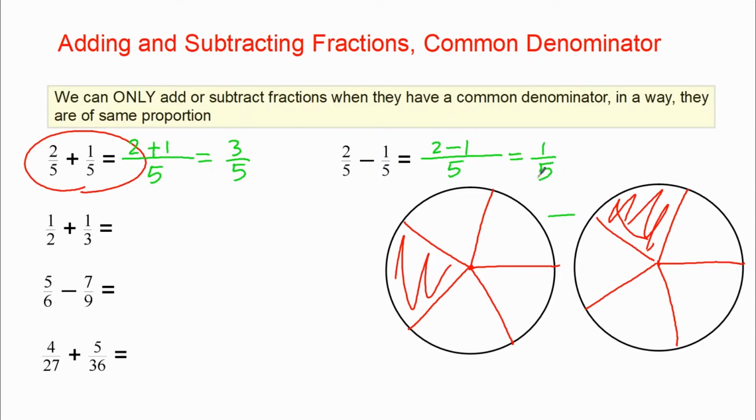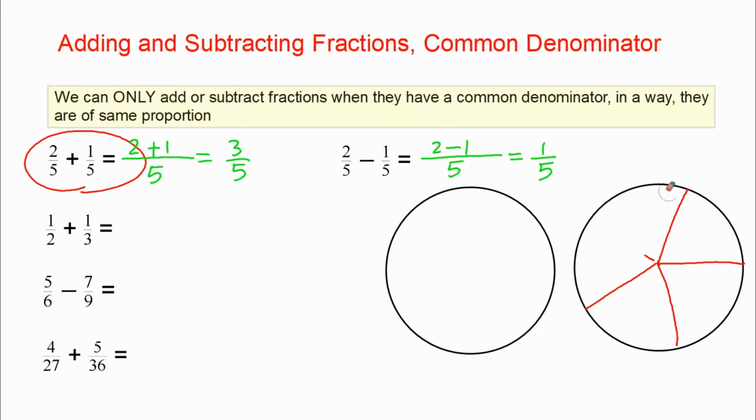So if I come in here and try to do another example where we don't have a common denominator. The example that I can see in here is 1 over 2 plus 1 over 3.